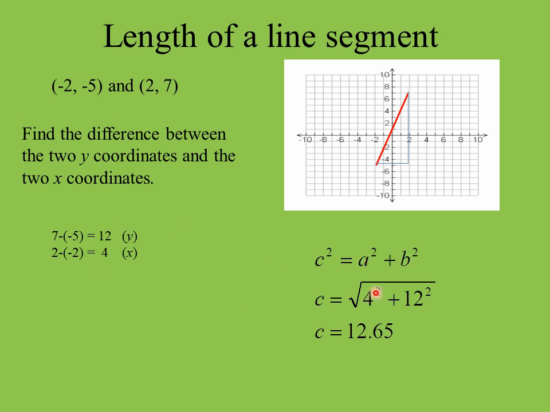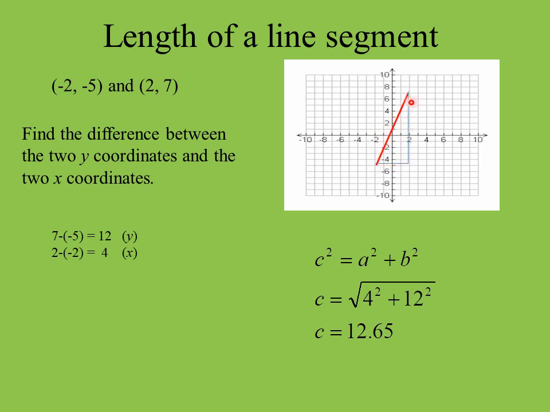I've substituted in these values and used my calculator. I have got a total of 12.65. That means that this line, whether it be in centimetres or metres or whatever units we're using, would be 12.65 long.